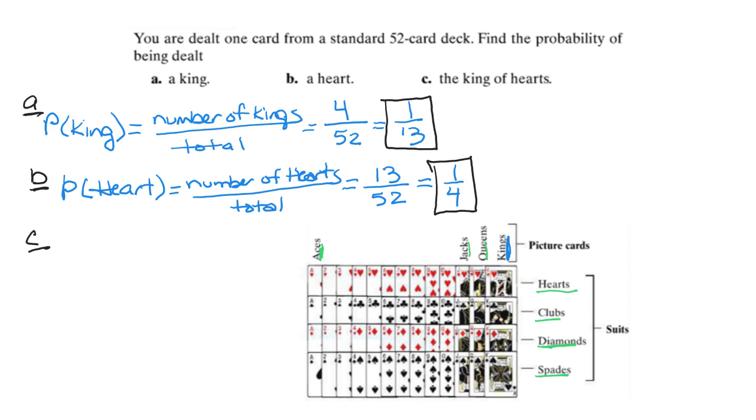All right, and the last one is the probability of a king of hearts. Right? The probability of selecting the king of hearts. So in this case, we want to know how many king of hearts do we have, divided by the total number of cards we have to choose from.